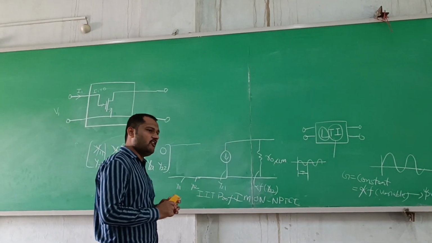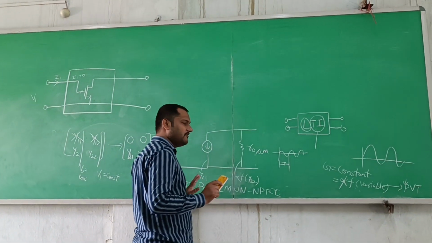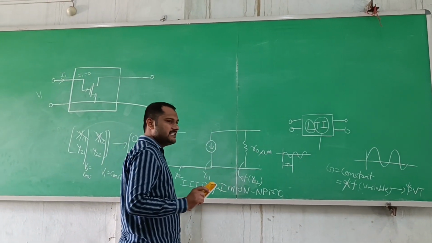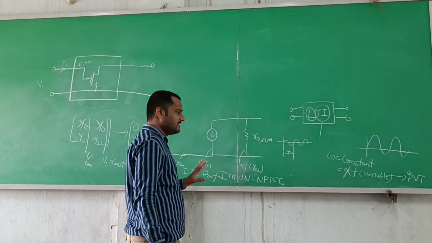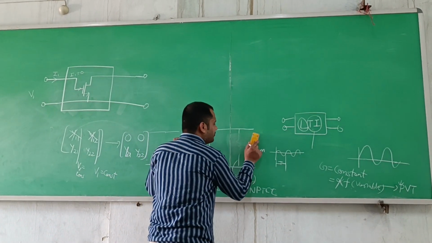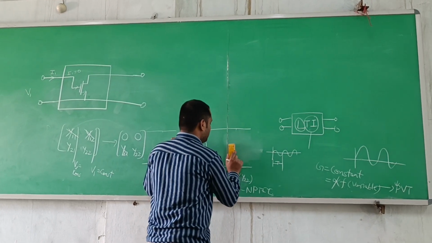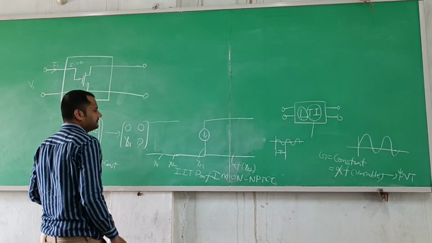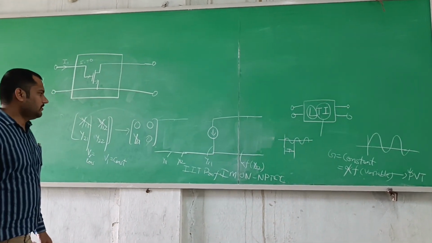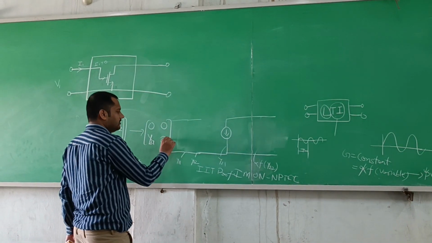But as of now, when we study only very little basic device physics, and depending upon the basic device physics we derive the model, then this will also be 0. So the model will look like this. Okay, so this is also a constant.